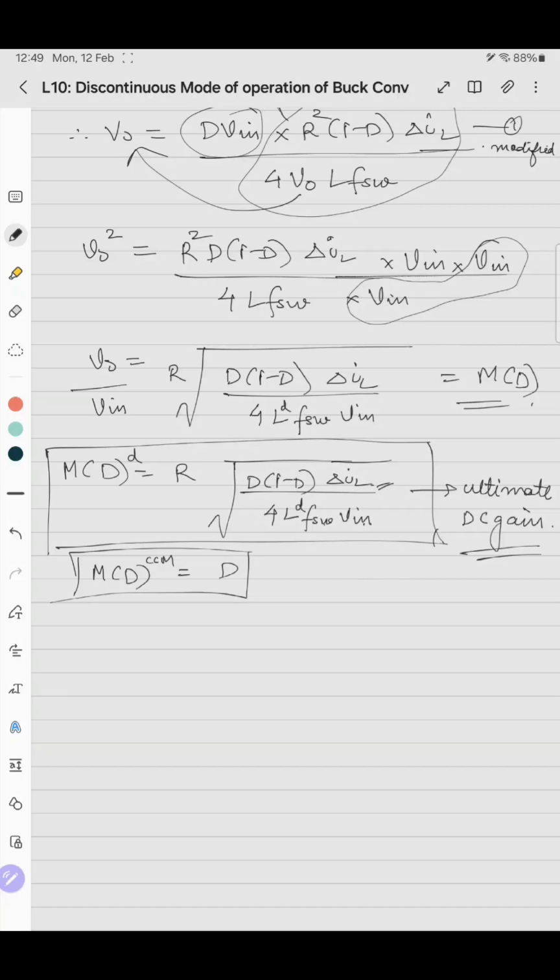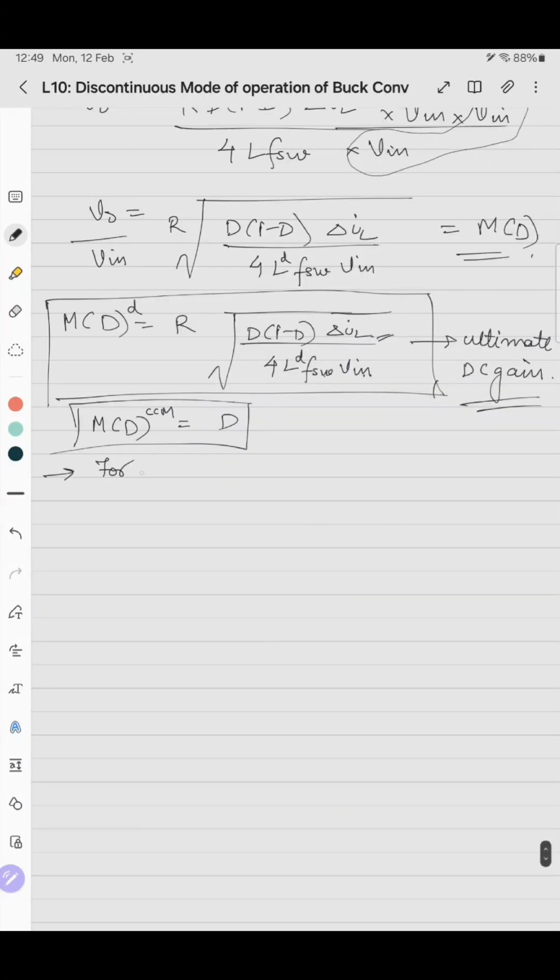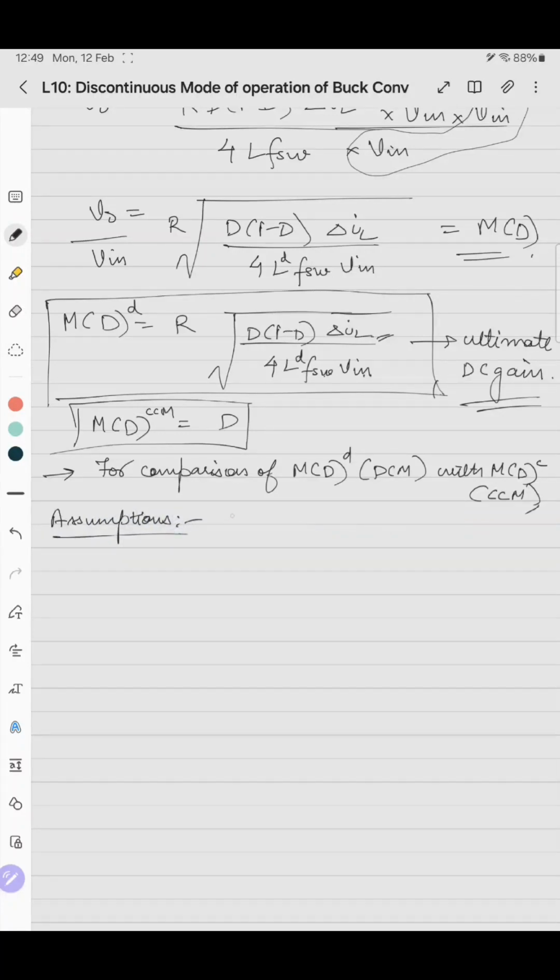So if you want to compare M of D for any converter, say a buck converter, for CCM versus DCM mode of operation, you have to make the comparison of M of D for DCM with M of D for CCM. What should be kept equal for both these modes?